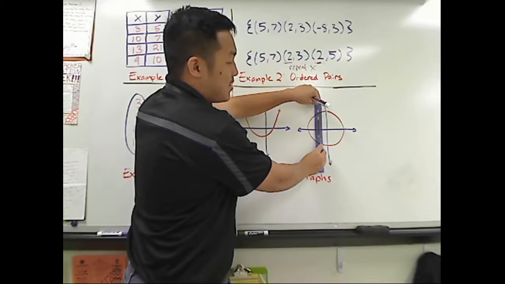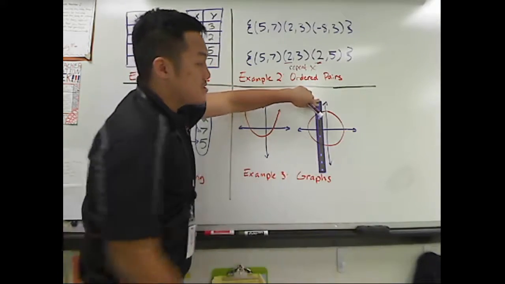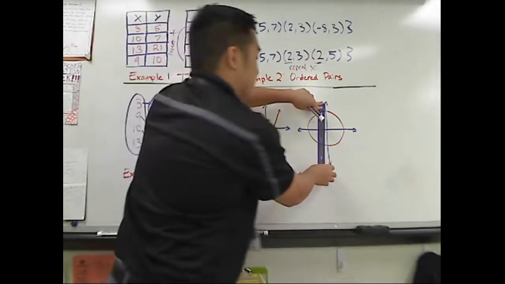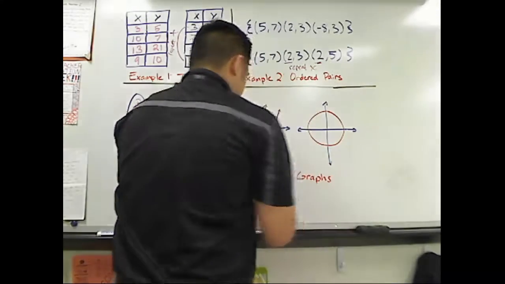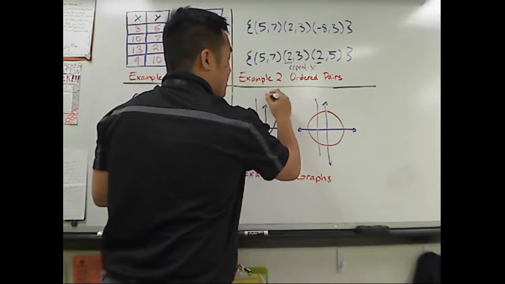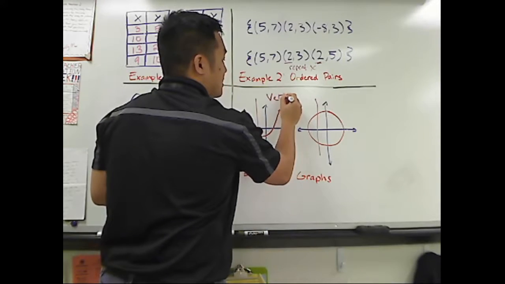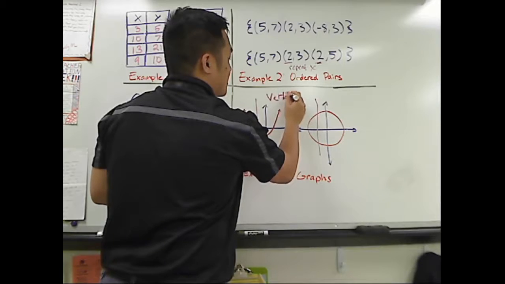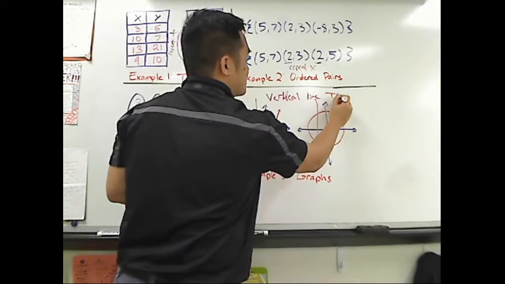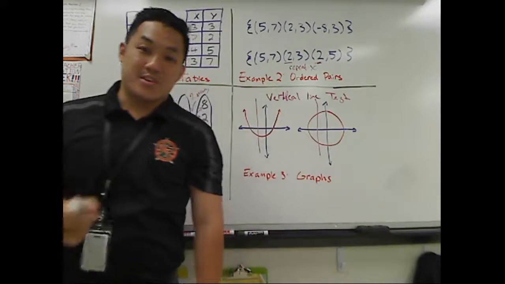Automatically I can see that it's going to touch 2 points on my line. It is not a function. So an easy way to remember this: vertical line test, to tell if it is a function or not.